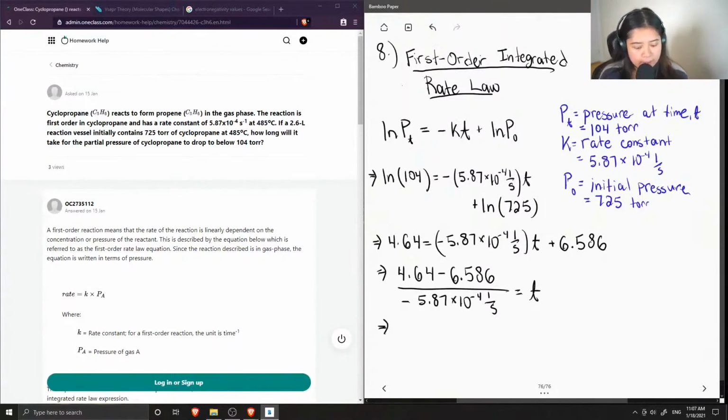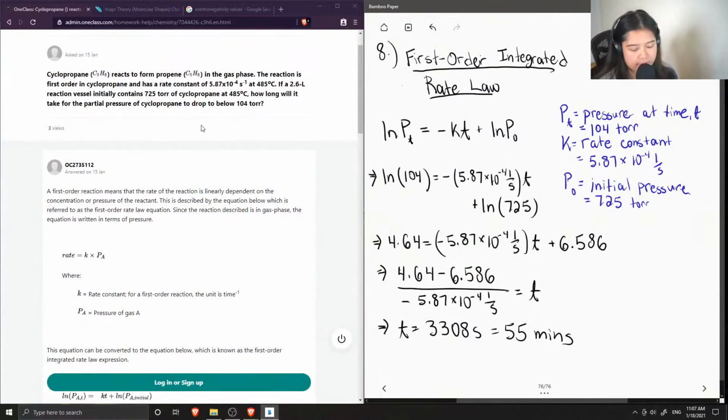Plugging that all in, we get t is equal to 3,308 seconds. We can convert this to minutes, which is about 55 minutes. So it will take 55 minutes for the partial pressure of cyclopropane to drop below 104 torr.